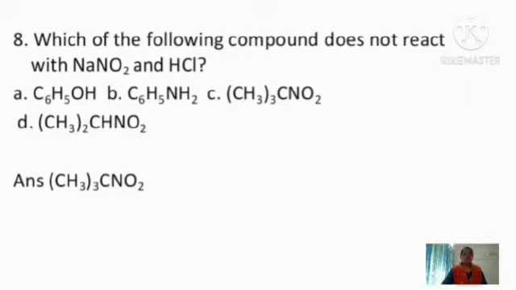So it can also react with nitrous acid because there is one hydrogen atom at the secondary carbon. On reaction with nitrous acid, it results in the formation of a pseudonitrole with the elimination of a water molecule. So option C here is correct because (CH3)3CNO2 cannot react with nitrous acid.